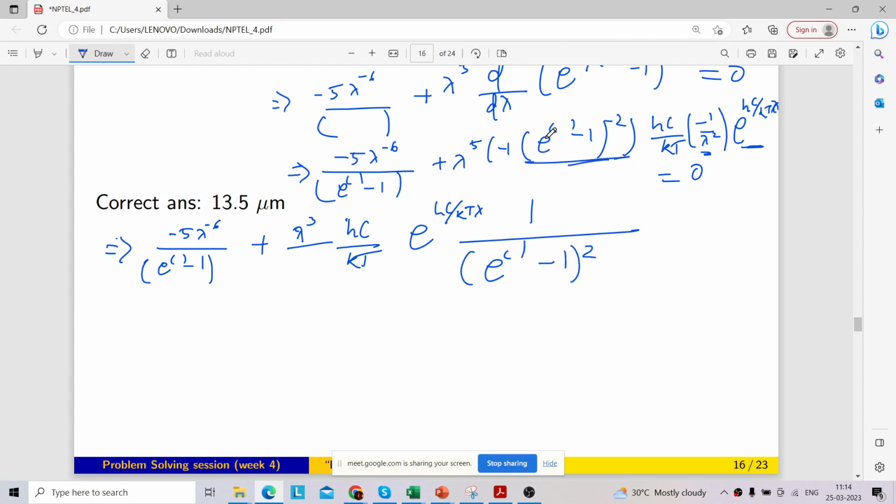Here we have this to the power minus 2, so in the denominator it will be square. So let's solve this.